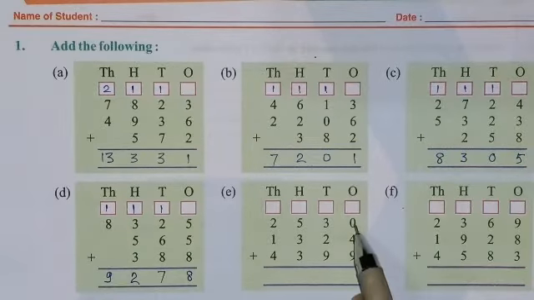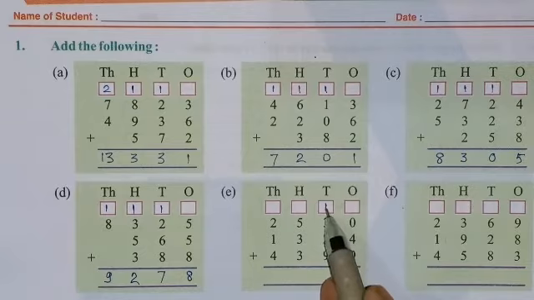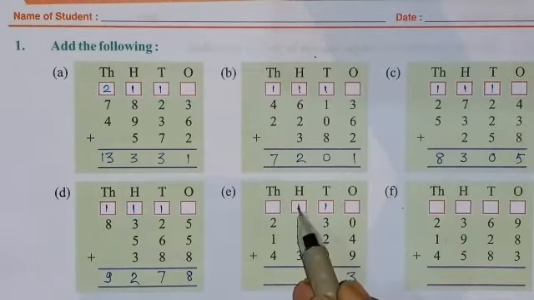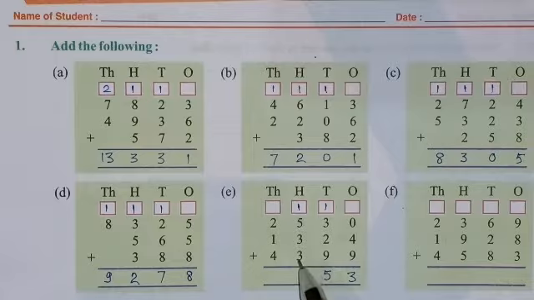See in this one, 0 and 4, 4, 4 plus 9, 13, 3 carry over 1, 1 and 3, 4, 4 and 2, 6, 6 and 9, 15, 5 carry over 1, 1 and 5, 6, 6 and 3, 9, 9 and 3, 12, 2 carry over 1, 1 and 2, 3, 3 and 1, 4.